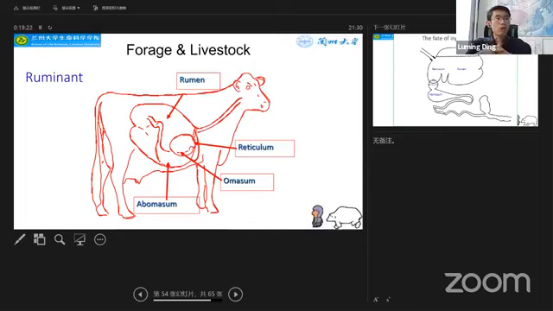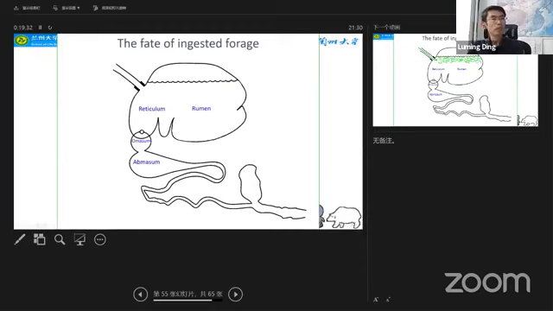We move to the forage and the livestock. We know that a ruminant has 4 stomachs: rumen, reticulum, omasum, and abomasum. The fate of the ingested forage at the beginning is floating on the top of the rumen, and then there is some rumen gas, mainly CO2 and CH4.